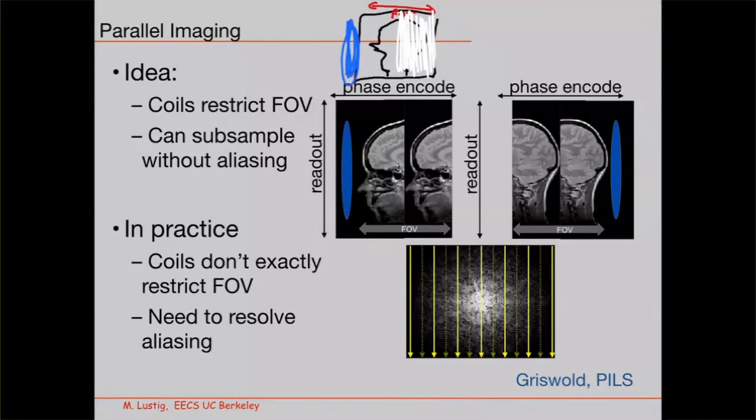Now you have another coil over here. I'm going to draw the same head again, differently, probably, because I can't do anything correctly. This coil is located over here, and it sees the right side, the other half of the field of view.